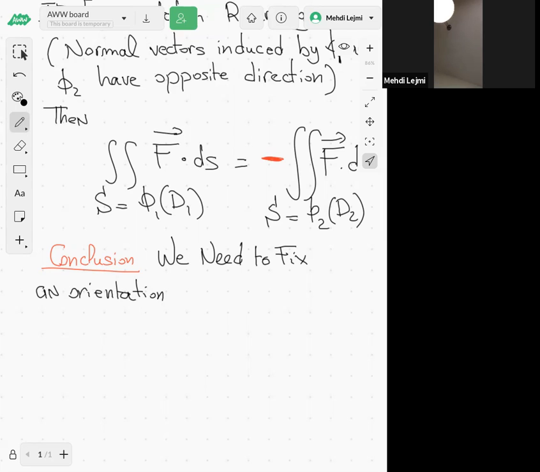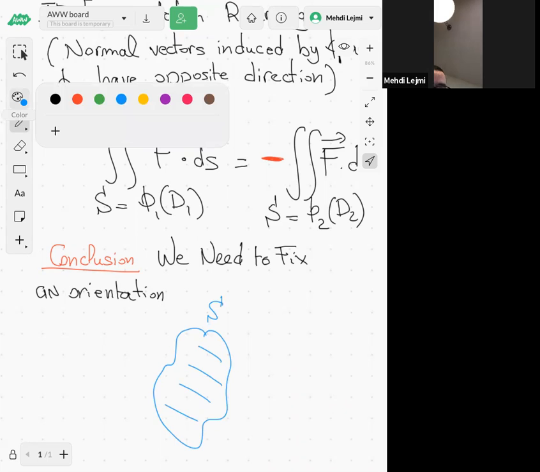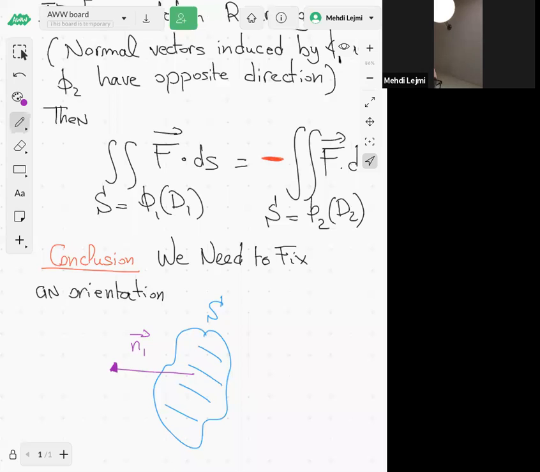You have your surface S. There are two possible orientations in the sense that the normal vector would have this direction. This is the first possible orientation, your normal vector n, let's say n1. The other possible orientation is the opposite direction, so your normal vector would be in this direction here.